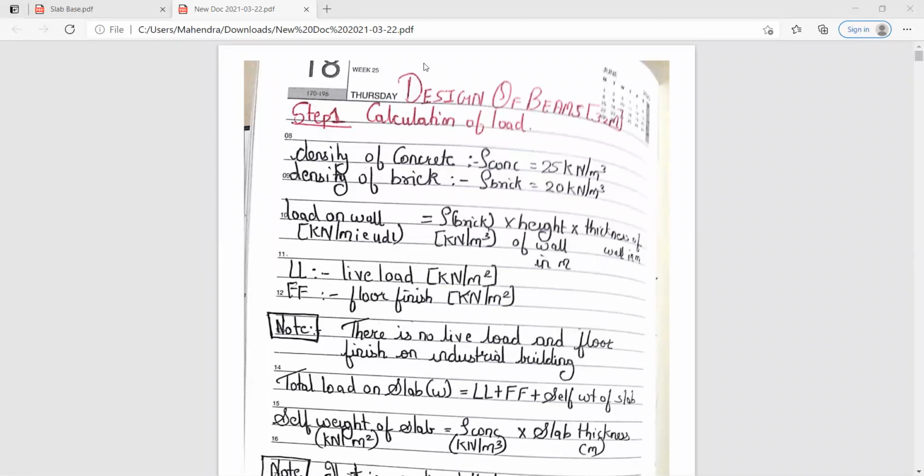But in the previous years, it was for 32 marks. So let's see what the paper pattern is, so that we will come to know. I think the paper will be of 40 marks theory and 40 marks MCQ, so I don't think the designing of beams will come for 32 marks in your upcoming semester. Let's see what will happen. I will let you know.